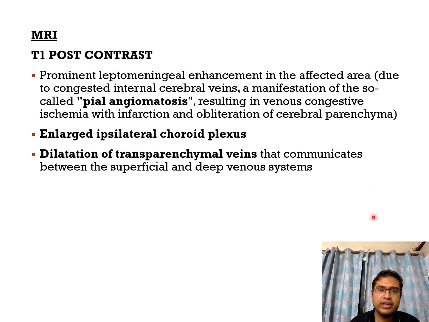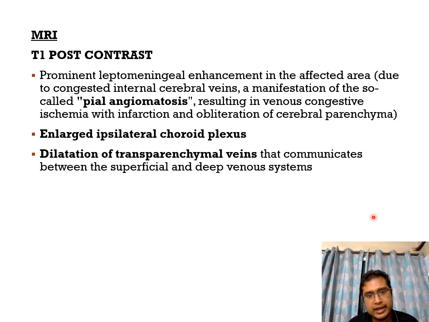On MRI, on T1 post-contrast images, as we could see here, there was prominent leptomeningeal enhancement in the affected area. That is because of the congested internal cerebral veins, a manifestation of pial angiomatosis, resulting in venous congestive ischemia with infarction and obliteration of cerebral parenchyma. So because of that venous congestive ischemia, there is loss of the brain parenchyma in that area.